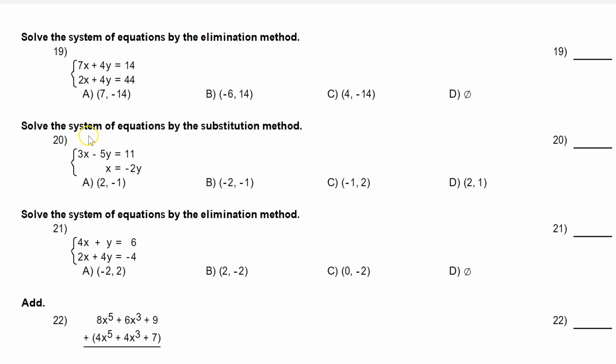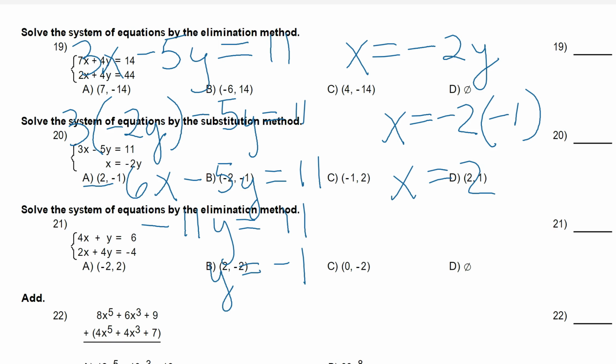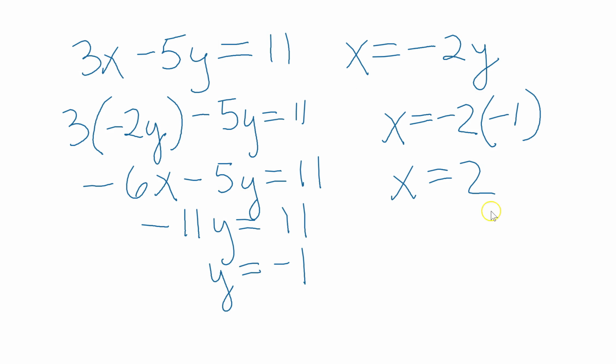Okay, I'm going to do the same thing with number 20 because we're going to use substitution here. And again, there's not a lot of work, and hope it's not too confusing here. Okay, looking at this next example, here were our original equations.